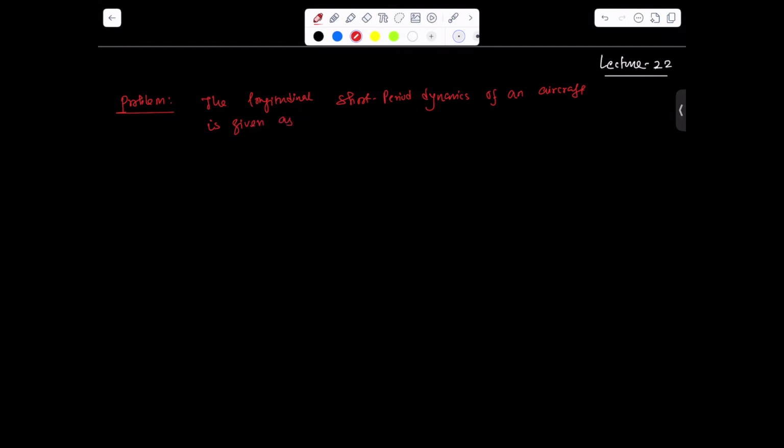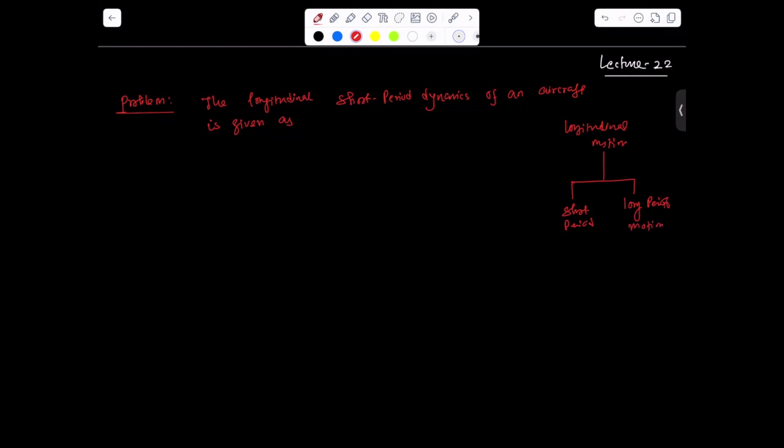As we have studied before in our previous course, longitudinal motion has two different modes. One is the short period, another is the long period motion.